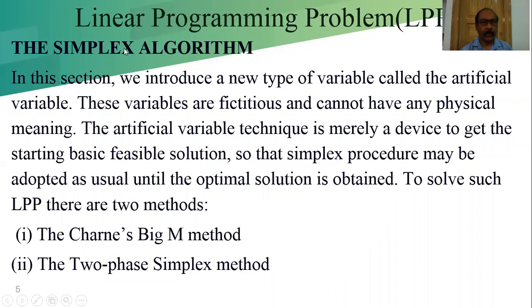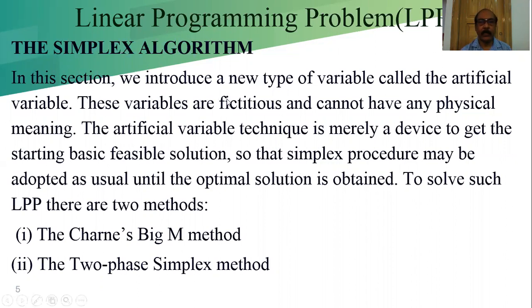This is part of the simplex method: the artificial variable method, or we can call it the penalty method, or the Charnes Big M method. After introducing the artificial variable and converting all the inequations to equations, then we start the simplex method.